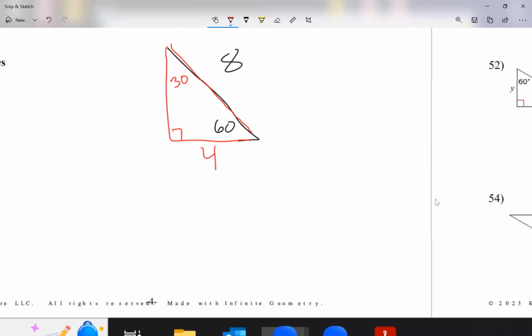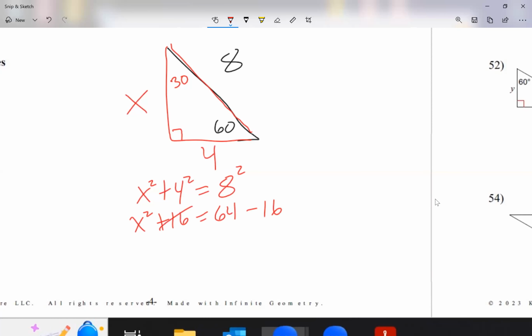Now the remaining side, for right now, let me just call it x. I know Pythagorean theorem. X squared plus 4 squared is equal to 8 squared. So I have that x squared plus 16 is equal to 64. This plus 16, let me move it over as a minus 16.